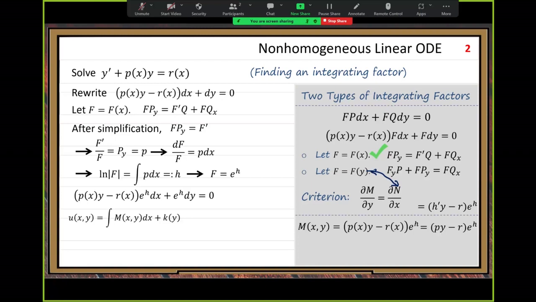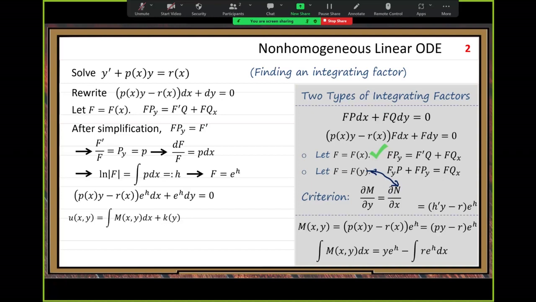Okay, good. Integral and derivative are inverse operations. So we treat P as H prime. While we write it this way, later you will see when we do the integral, we need this structure. All right.